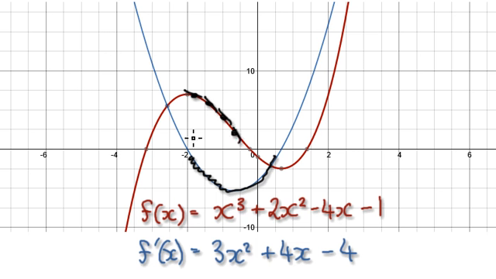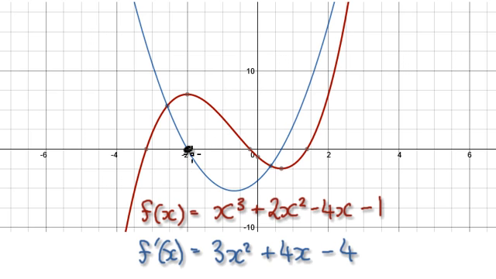It's always going down, so the original function can only go down. And then looking at this here, it is positive, which means the gradient of the original function is always uphill, so it can only go up.